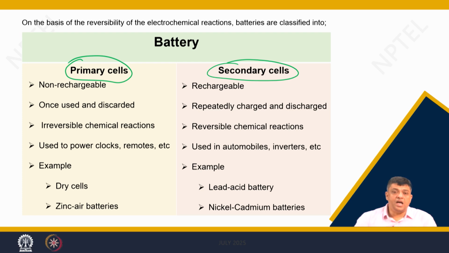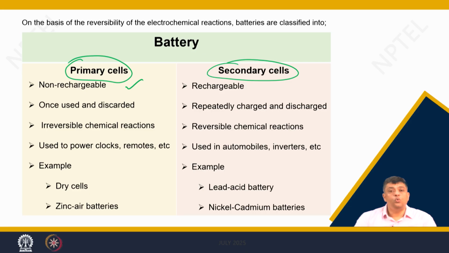Primary cells are those cells which are non-rechargeable. So, they will be charged once, you will use them, and once the battery gets discharged, you will discard the batteries, or you will replace the batteries with a new primary battery.